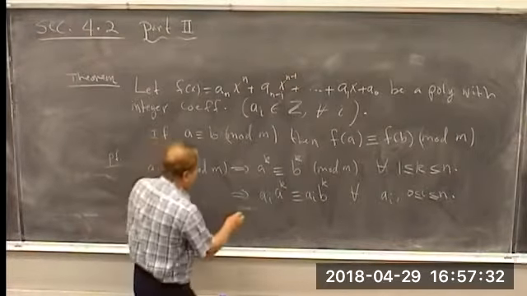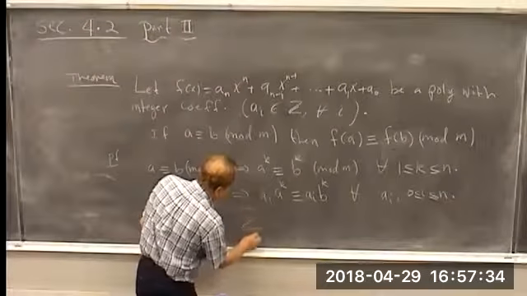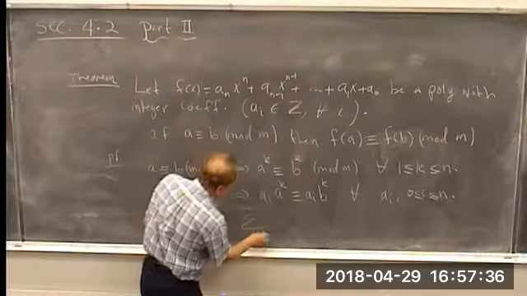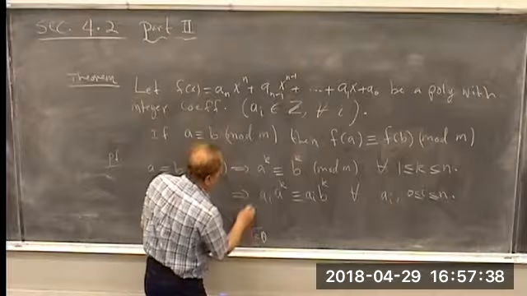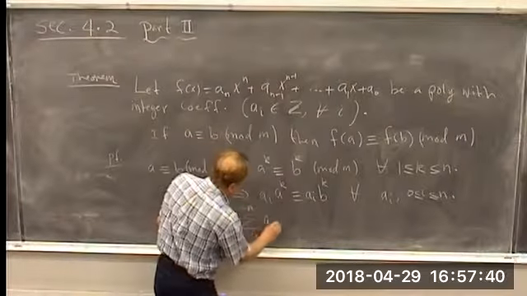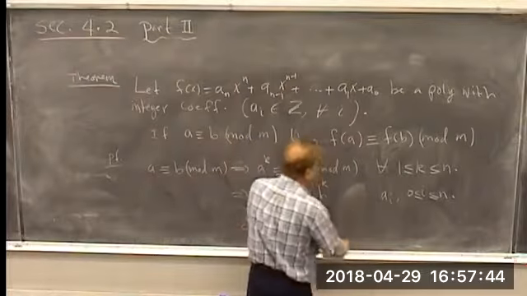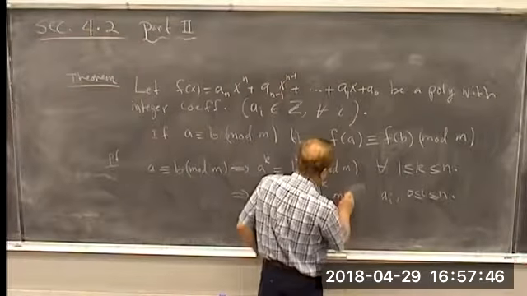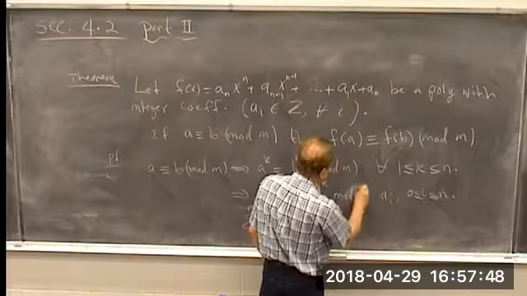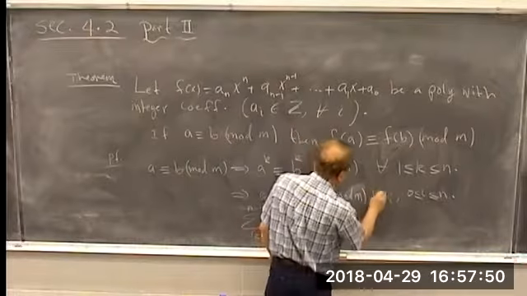So if I add these, I equals 0 to N of A sub I, of course this is mod M, for every one of these.